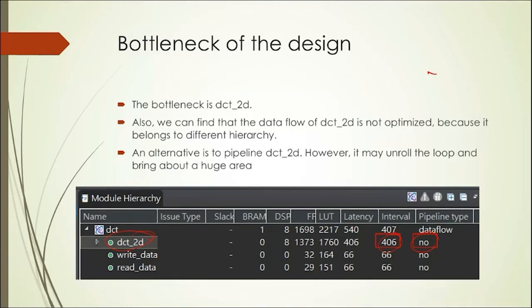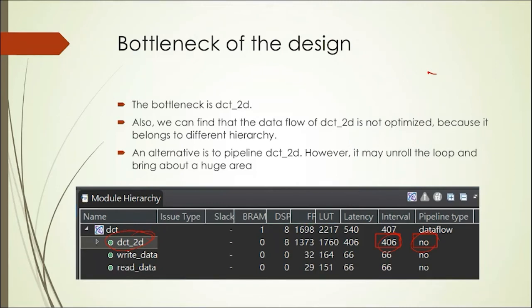So to further optimize Dct2D, we can pipeline Dct2D. However, it will unroll all the loops, which will bring a large area, because you can see there are many loops in Dct2D, and the maximum loop nest is 3 levels.